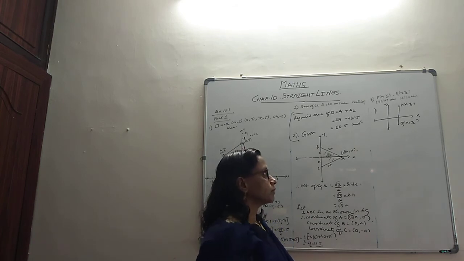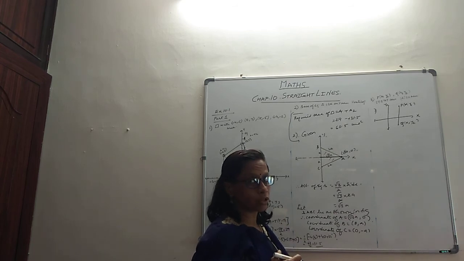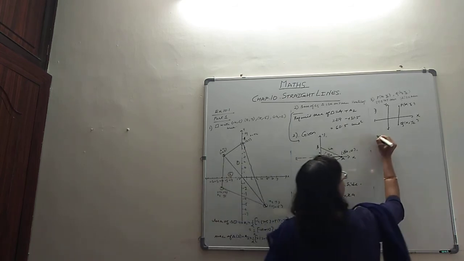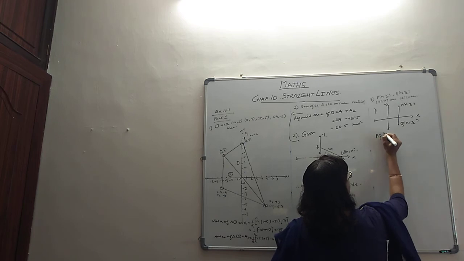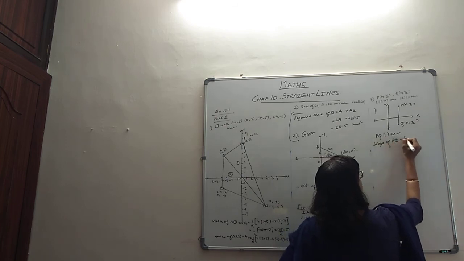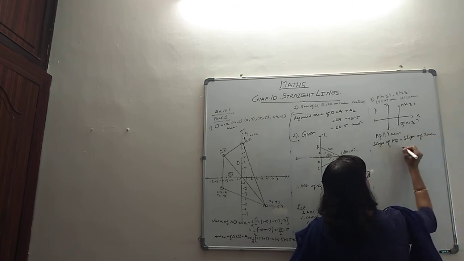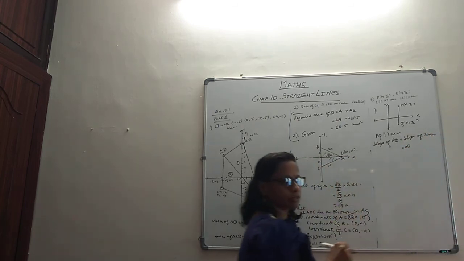Now, since we are doing too much of the slope, we are going to use the slope concept. Because PQ is parallel to the y-axis, the slope of PQ will be equal to the slope of the y-axis, always, right? And the y-axis has infinite slope, it's undefined, right?